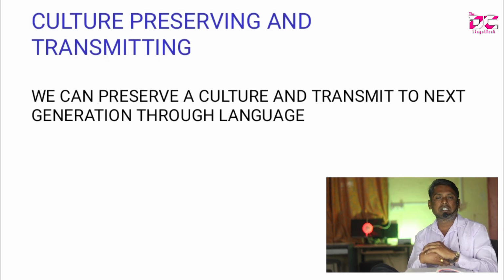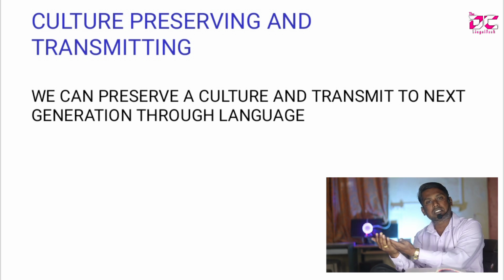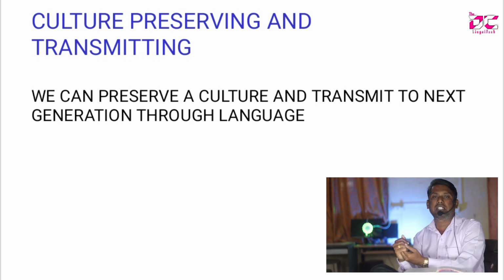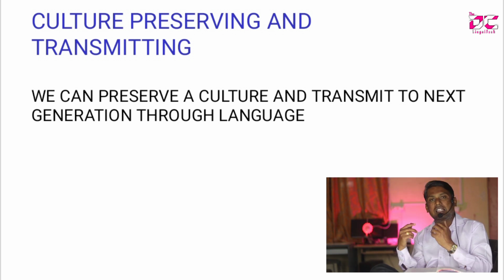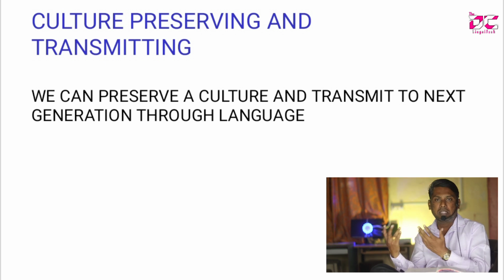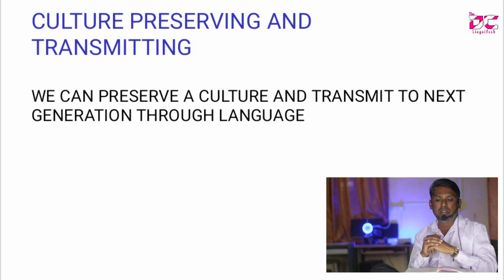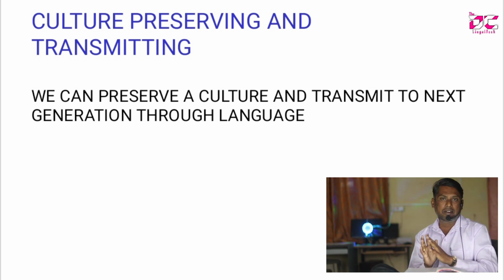And the last one is culture preservation and transmission, a characteristic where all human beings preserve their cultures and transmit them to the next generation, which is not happening with animals. Animals cannot transfer their cultures to the next generations, but I can transmit the laws, the norms, the traditions and customs of my culture to my next generation. So cultural transmission and preservation is possible only through language.